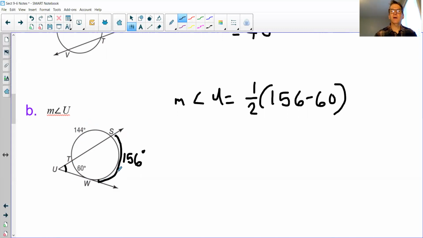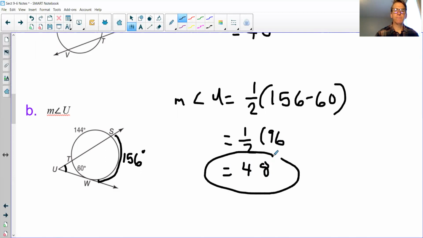So now we can go ahead and solve using our theorem. 1/2 times 156 minus 60, which is 96. And 1/2 of 96 is 48. So the measure of angle U is 48.